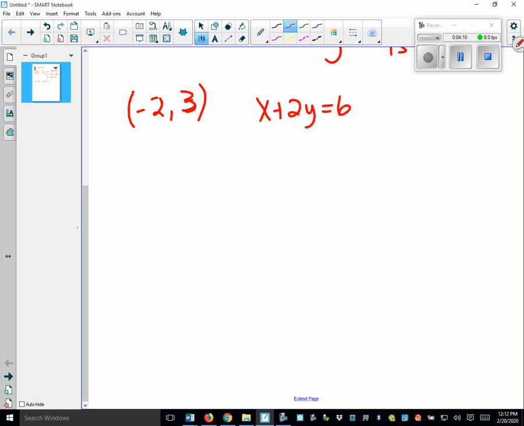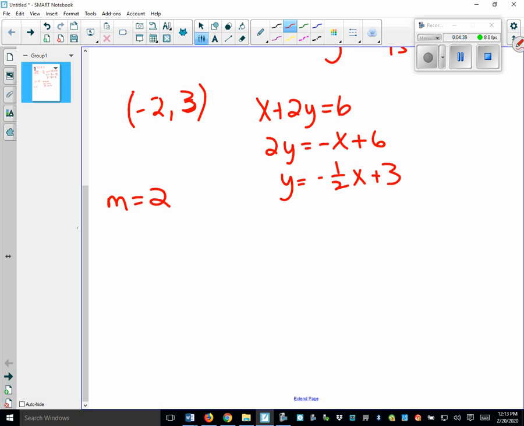I want to write an equation in slope-intercept form. So the slope is -1/2. You found that by solving for y. Am I right? So y equals -1/2 x. That means the other slope is 2, because it's perpendicular. Since it's perpendicular, my new slope is 2.